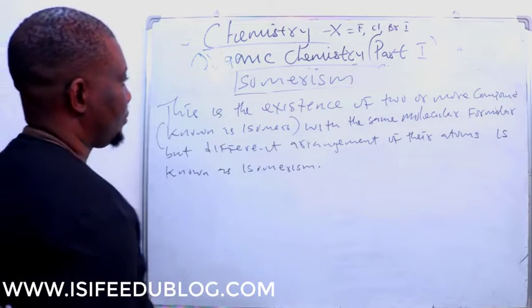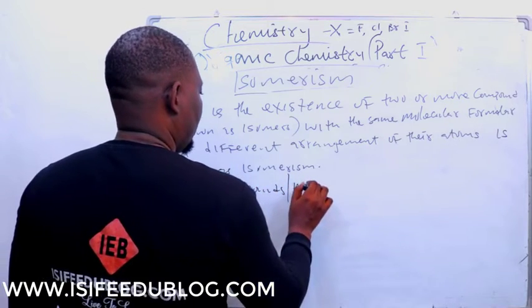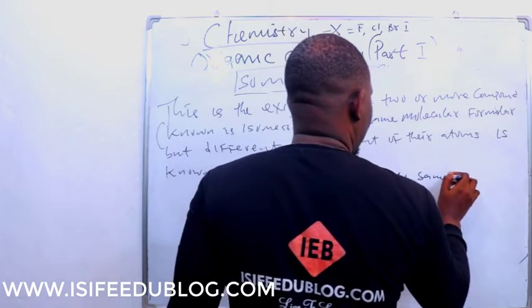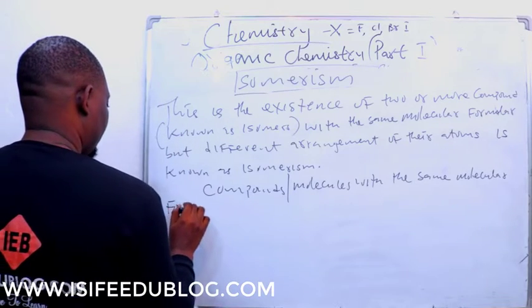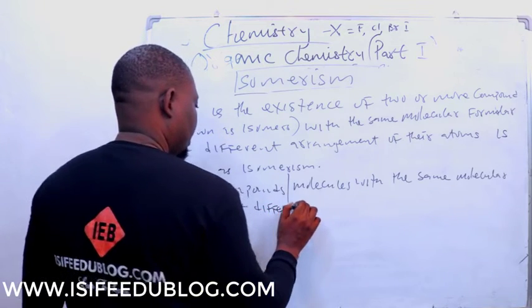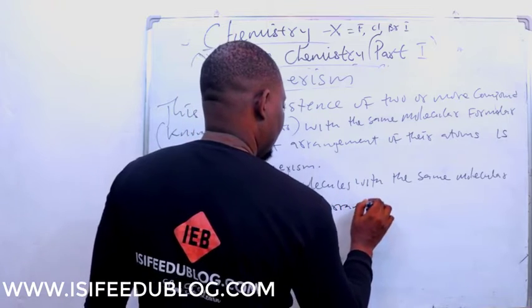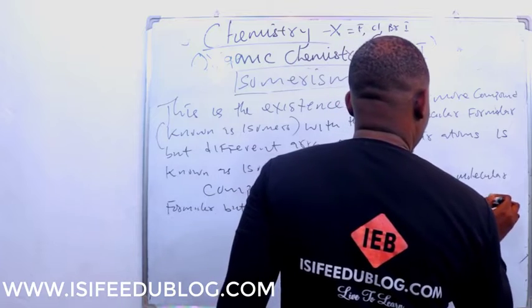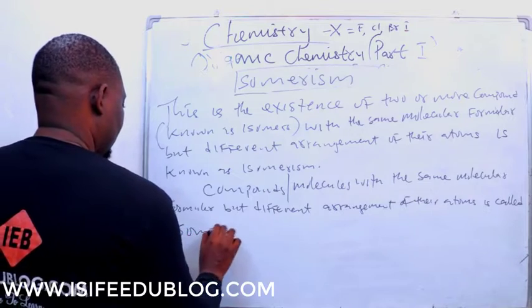Okay. Then, compounds or molecules with the same molecular formula but different arrangements of their atoms are called isomers.